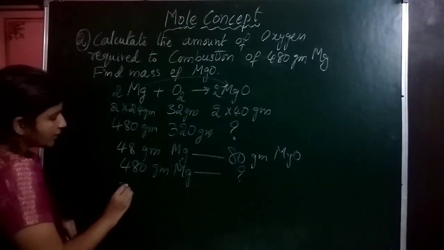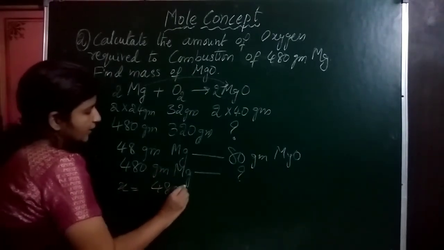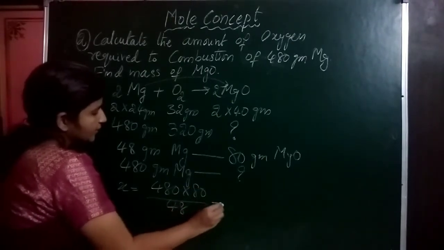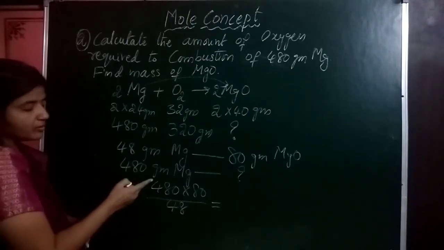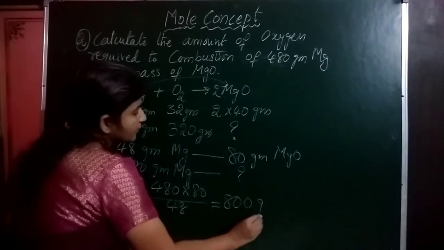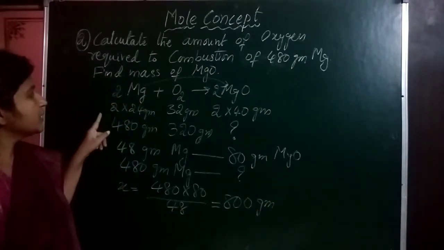The mass of magnesium oxide, X equals cross multiplication: 480 into 80 by 48. Here 10 times, children. 10 into 80, so how much is it, beta? 800 grams. Don't confuse.